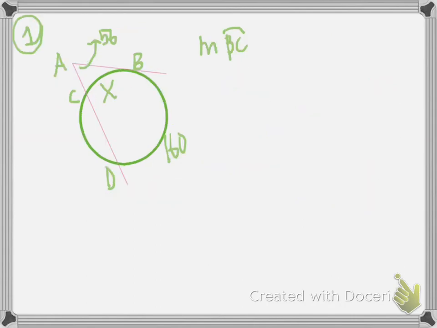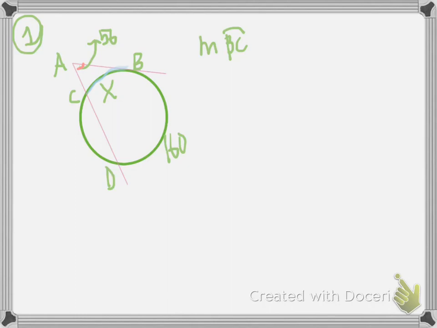So here I know angle A right there is going to be 56 degrees. What I want to find is the measure of this arc BC. It's on the outside. My angle is on the outside of my circle.